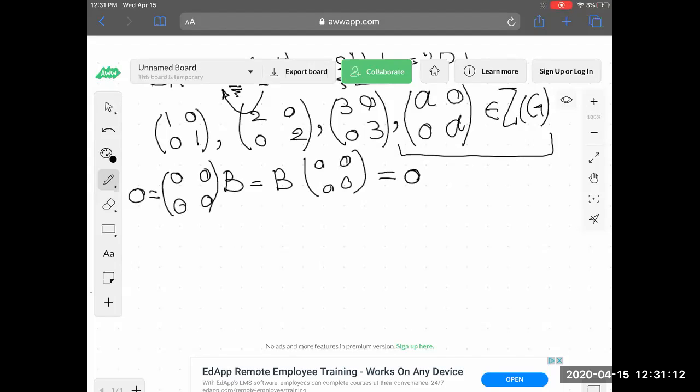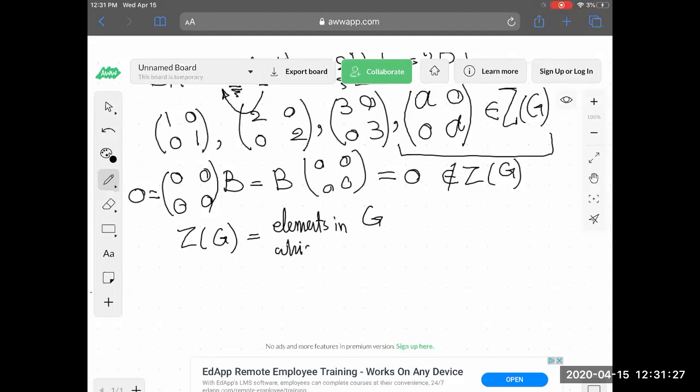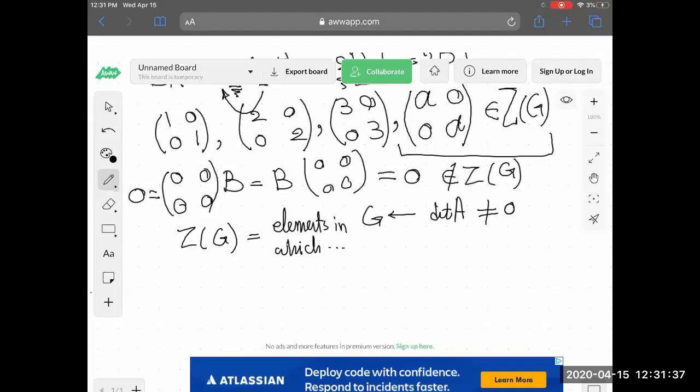But we don't say 0 is in the center of G, because the center of G is defined as the elements in our group which commute with everything else in G. The definition of G was the matrices whose determinant is non-zero. But the determinant of the zero matrix is 0. That's why. But you are right, this matrix commutes with other matrices.